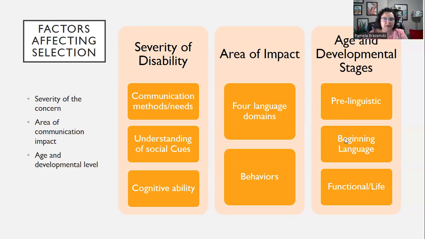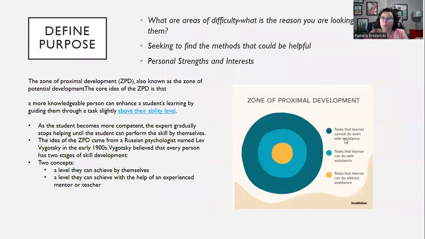We wouldn't do the post-secondary attending of college assessments, those kinds of things. So we want to make sure that it matches the functional life components. And so once we identify our severity of disability, our area of impact, and our age and developmental stages, we can then make a good decision about what assessment is going to support our purpose.